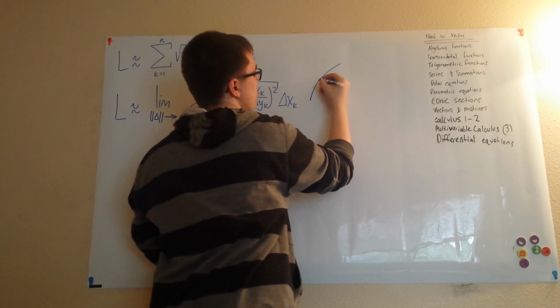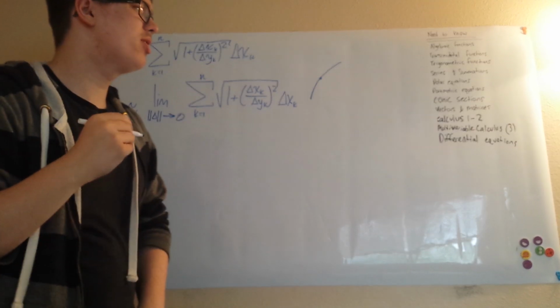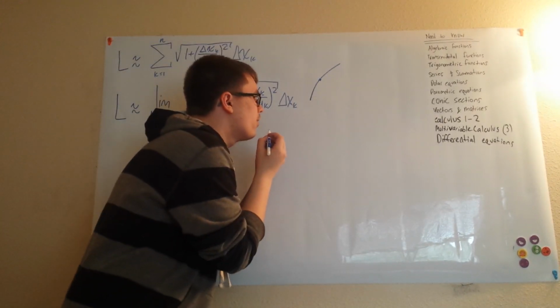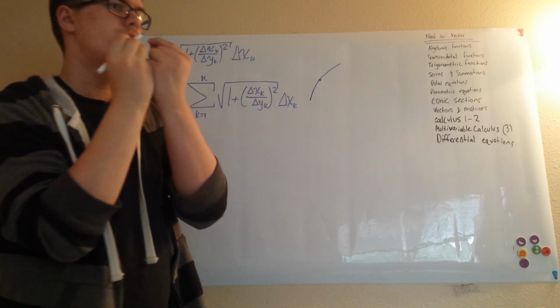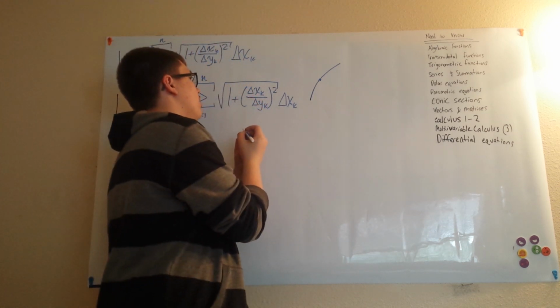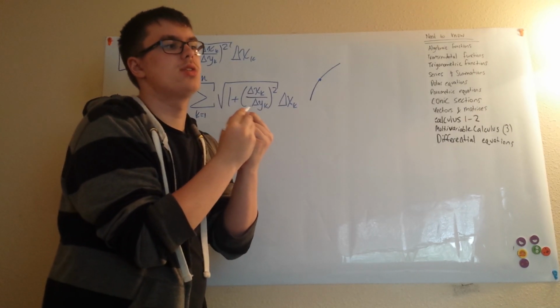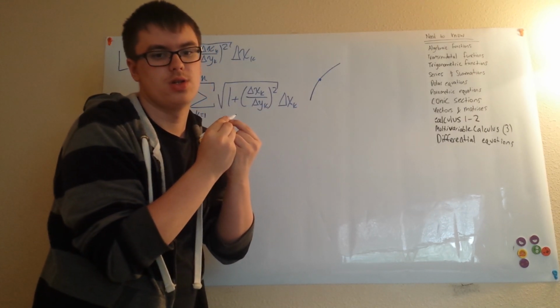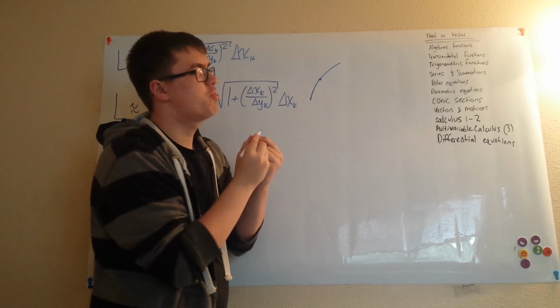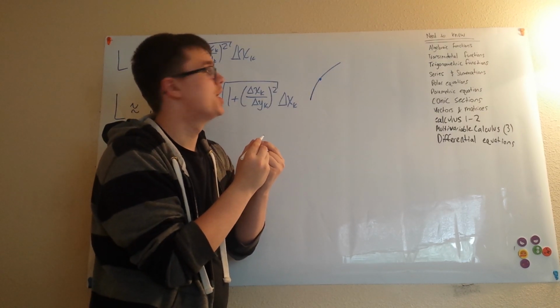You can't even see it, but if we make a small enough segment, that interval equals the instantaneous rate of change, which means we're getting the derivative.